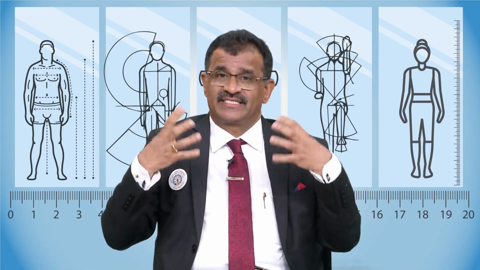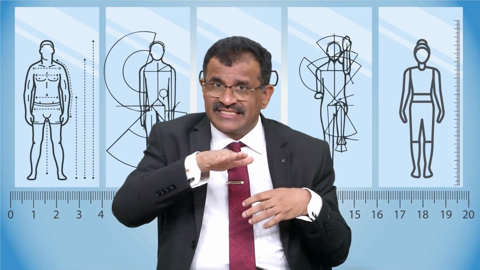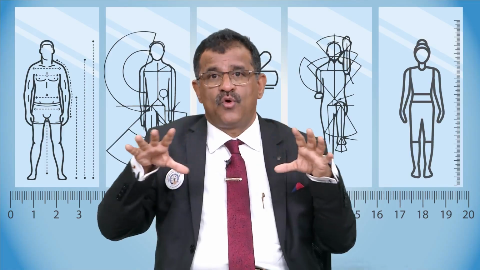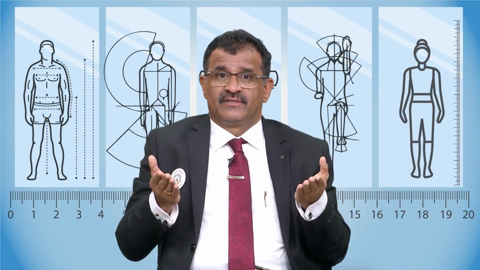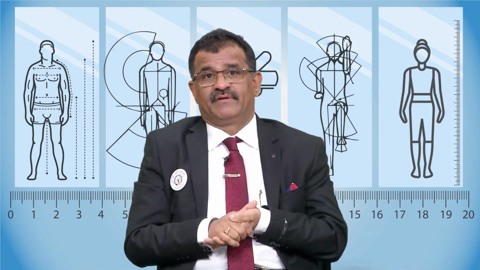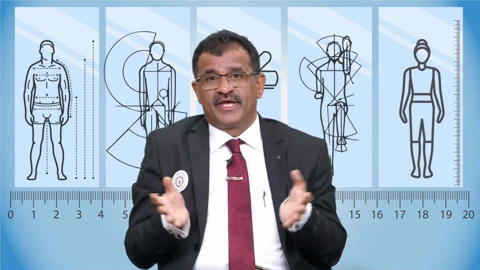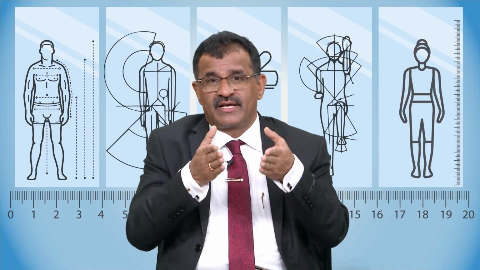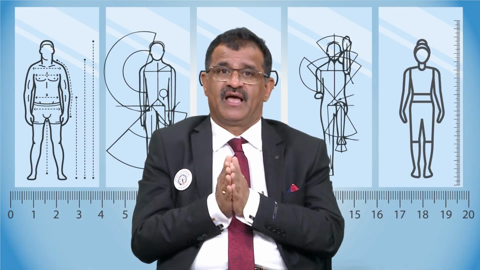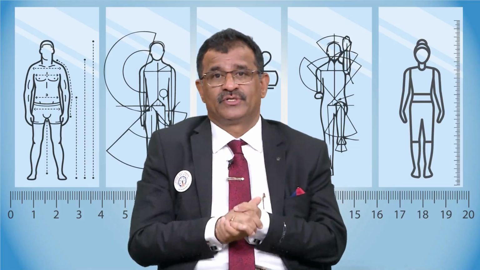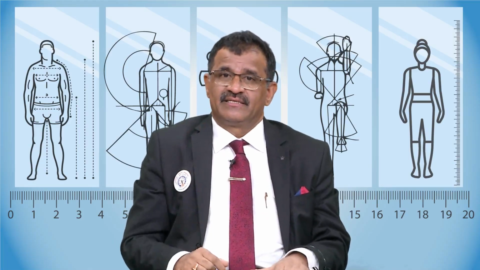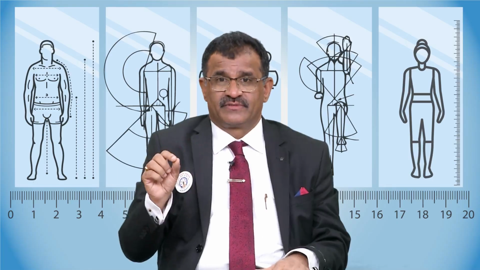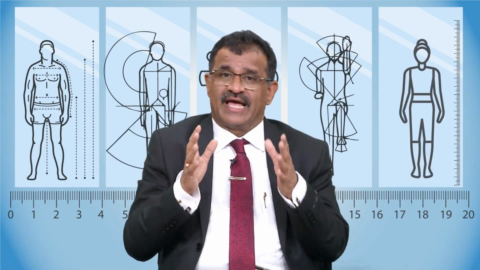So, you can understand the nutritional status of the whole population of a country, which can help the government to make policies and different programs to redress the nutritional problems.